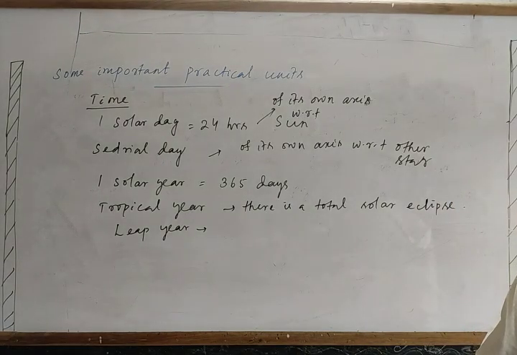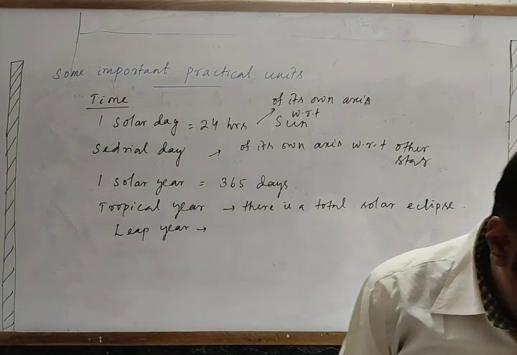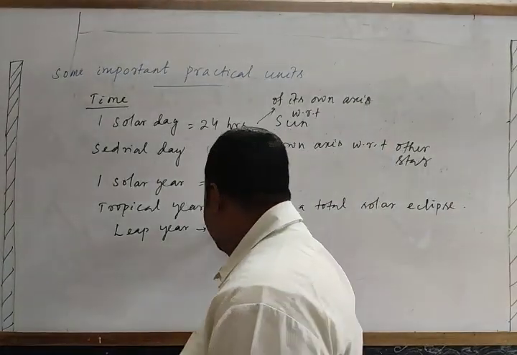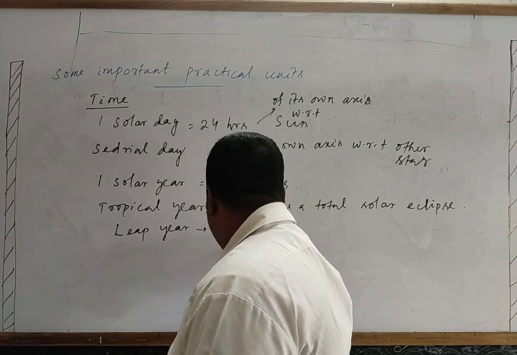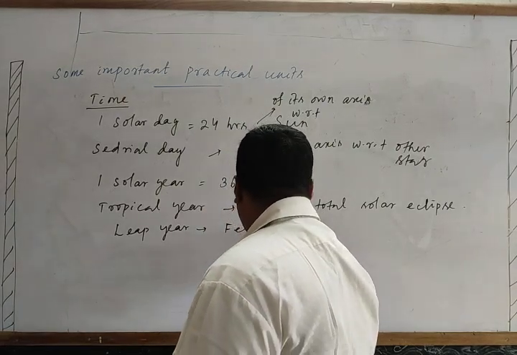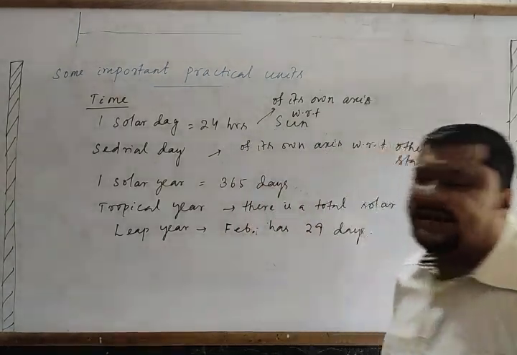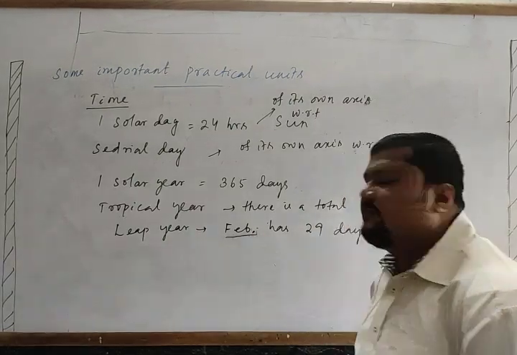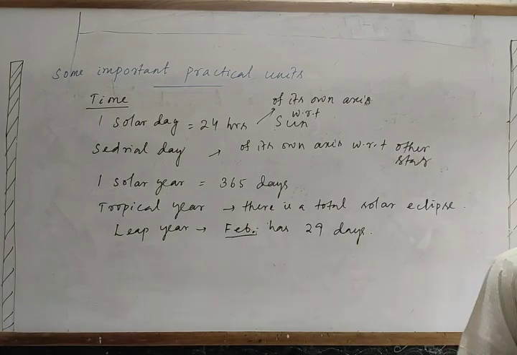It comes after 4 years. February has 29 days, but usually it has 28 days. Every 4 year interval, the month of February has 29 days. That is called a leap year.